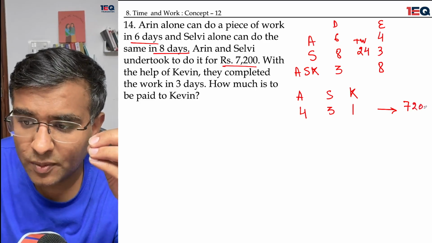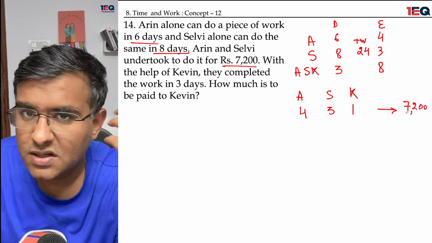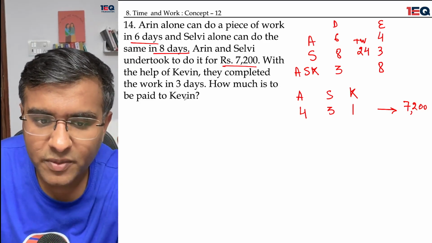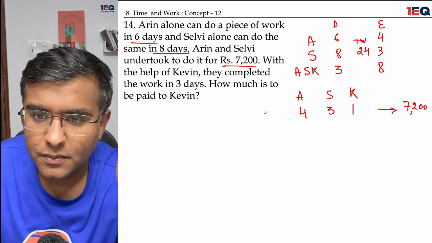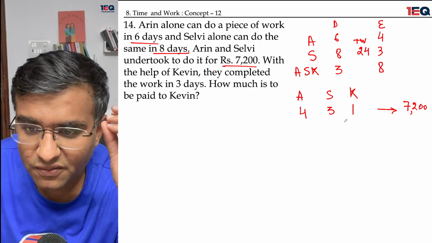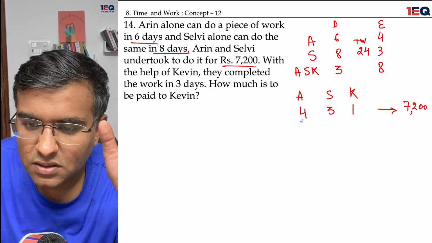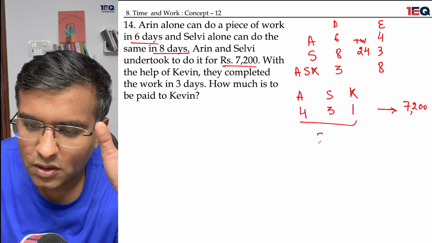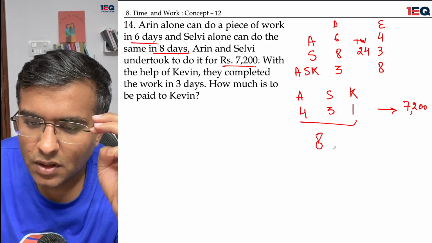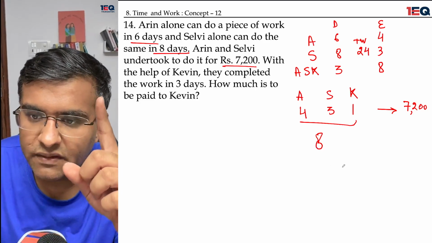This was supposed to be paid 7,200 rupees. Now, how much is supposed to be paid to Kevin? If I see out of this, the total is 8. Out of 8, only one portion has to be given to Kevin.